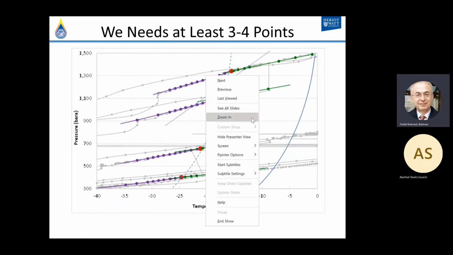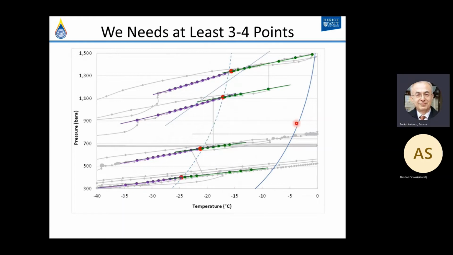These points can be used for tuning the model or the amount of inhibitor or whatever we want. And if we don't know the characteristic of a compound, we can find out. In this case, there is a hydraulic fluid that we want to make sure doesn't form hydrate inside the umbilical.